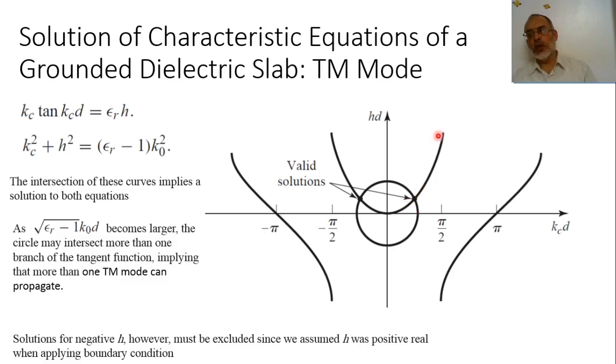By doing this, we are going to draw the function Hd equals 1 over epsilon r Kcd tan Kcd.